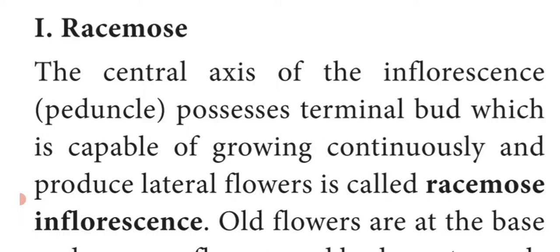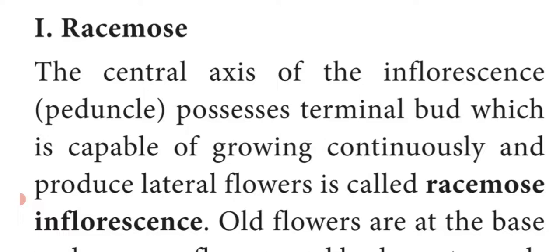This terminal bud continuously grows and produces the lateral flowers, and that is called racemose inflorescence. The central axis of the inflorescence possesses a terminal bud at the tip which undergoes continuous growth movement and produces lateral flowers, called racemose inflorescence.